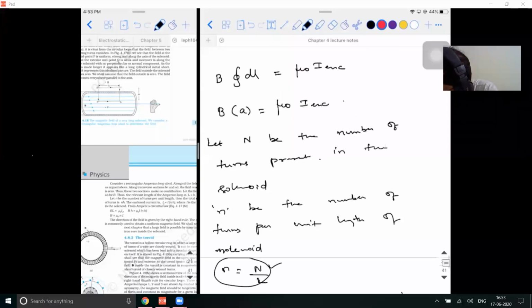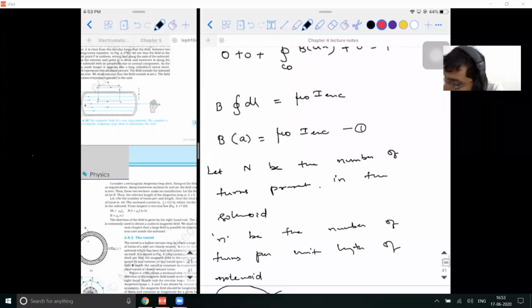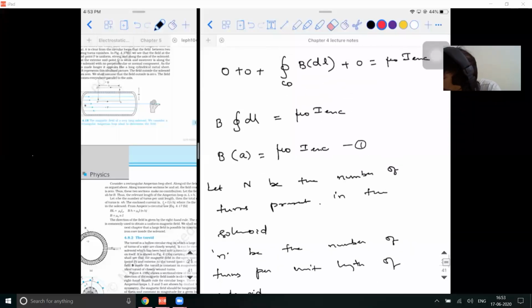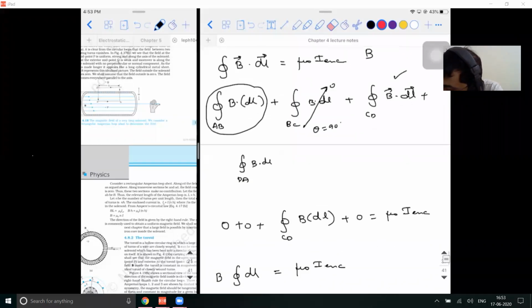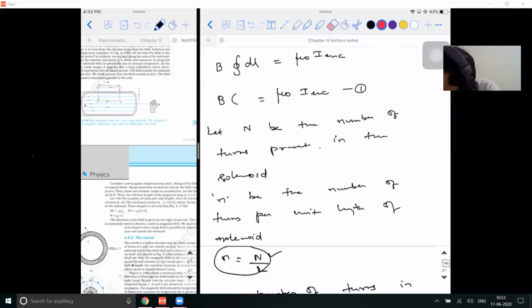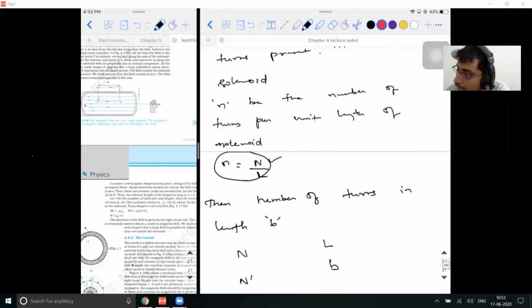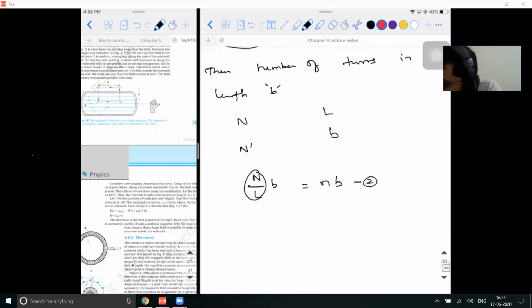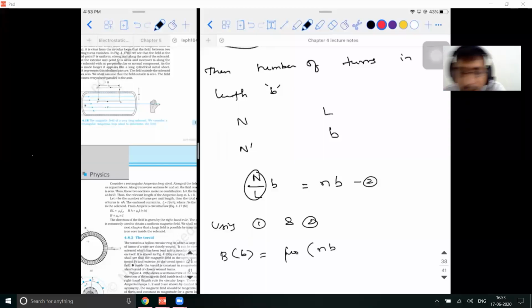So if I take this to be the first expression, I have to erase this b. This is the second expression. Then using 1 and 2, I can write it like this: B into b is equal to mu naught into I enclosed. I enclosed will be the number of turns in that particular length into the current flowing through it.